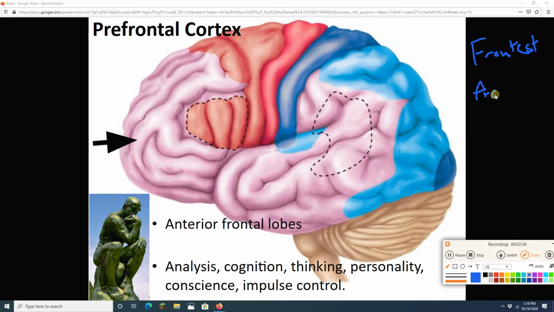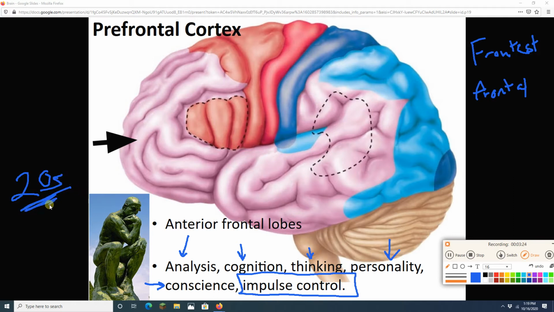This is where we do a lot of the things we really think about as brain stuff. This is where we're analyzing things. We're doing cognition, thinking. This is where we have our personality, where we have our conscience, where we control our impulses and our behavior. This is the part of the brain that really doesn't fully mature until you are in your 20s.